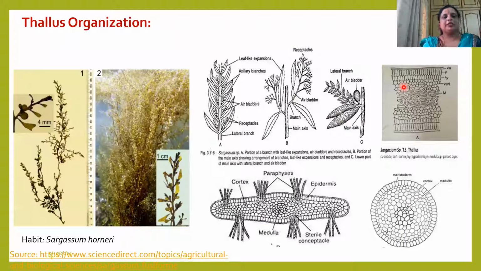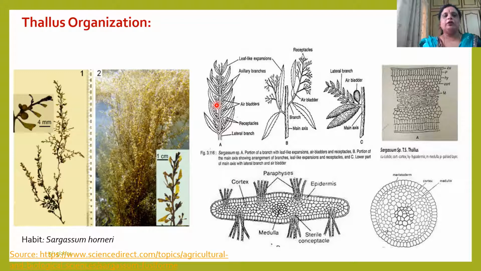We also studied in detail the thallus organization, that is, how the plant body is structured, the morphology of this alga. As I mentioned before, sargassum is found either as a floating alga or attached to the substratum deep inside the ocean.